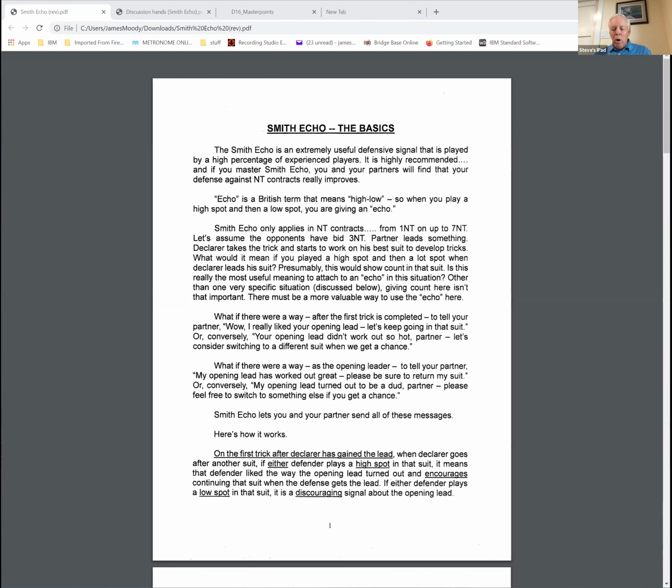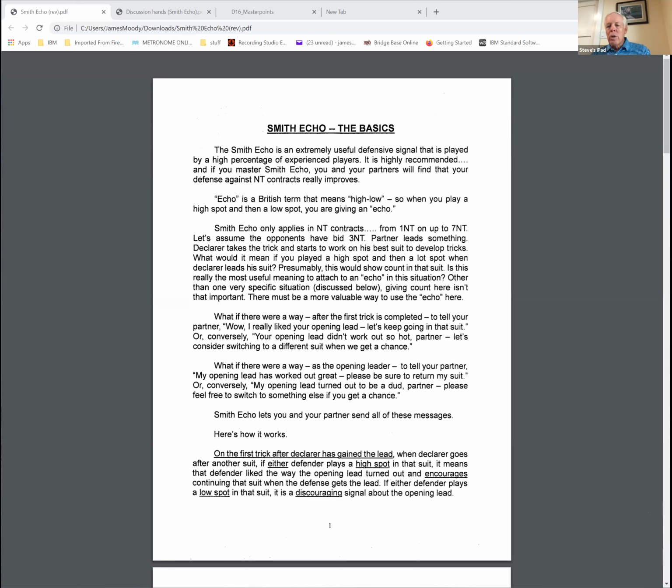If the spot card that you play is high and then low, that means you're encouraging the suit of the opening lead. If you play low and then high, you're discouraging, or at least sending a neutral message about the opening lead.